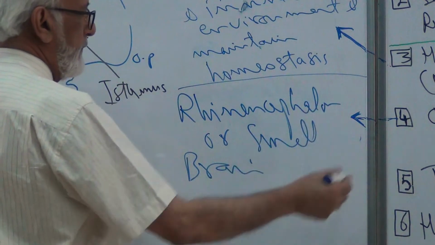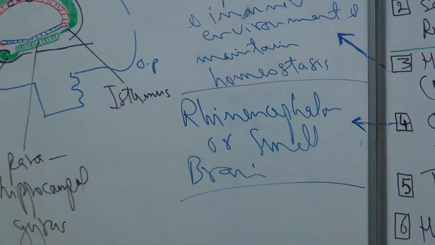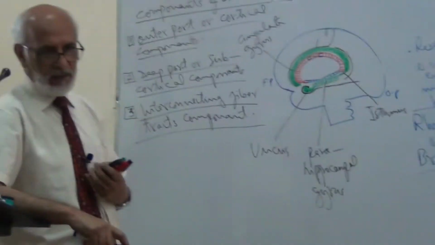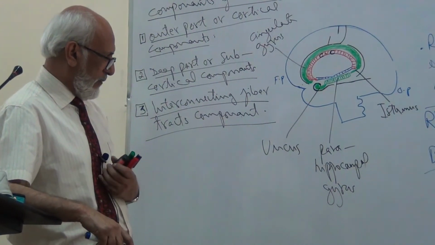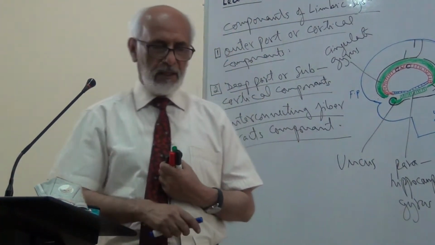The smell brain is also associated with the limbic system because of some of its few connections. But the rhinencephalon is rudimentary in human beings.